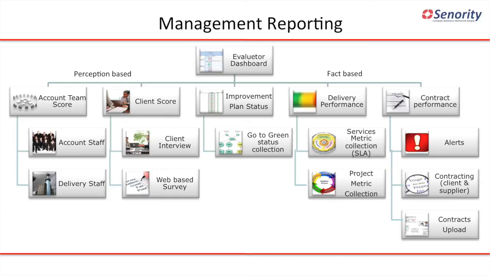We can monitor the improvement plans and statuses of all the improvement plan actions. Evaluetor can also provide insight into the actual delivery performance, service level returns. And finally, we can look at the status of all the contract commitments, the contract performance, and the contract compliance that is being achieved. These are the basic governance processes that are being implemented when you implement Evaluetor.